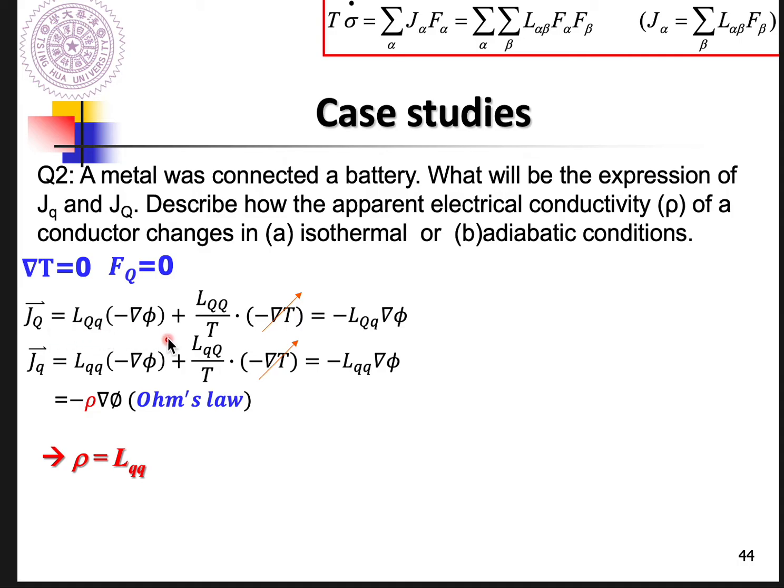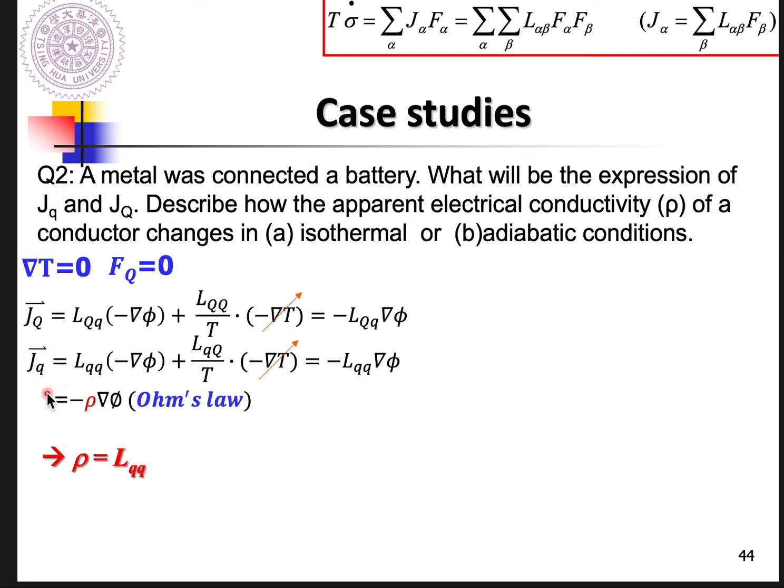This is a different concept, right? Sometimes people will say, oh, there's no temperature gradient, so there's no heat flux. This concept is not true. Based on this, as long as a driving force exists, there must be the corresponding flux.